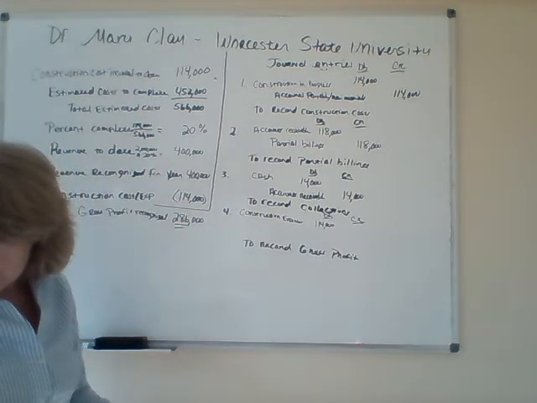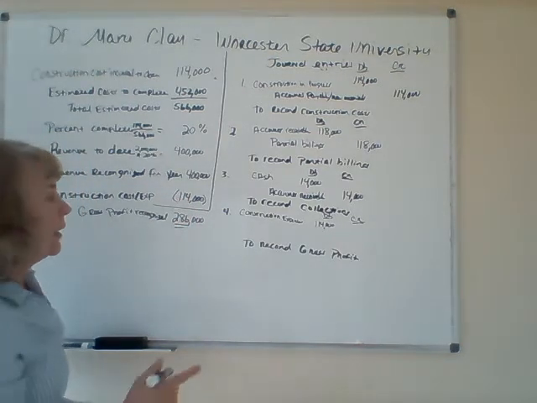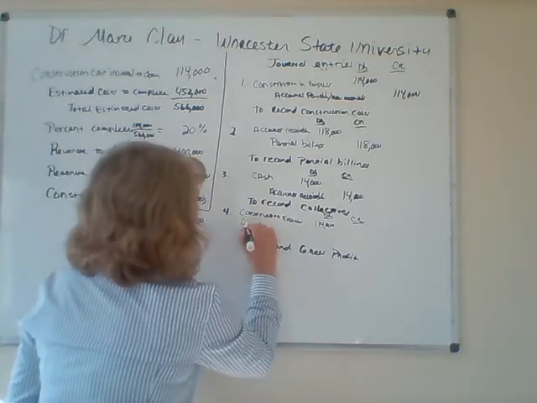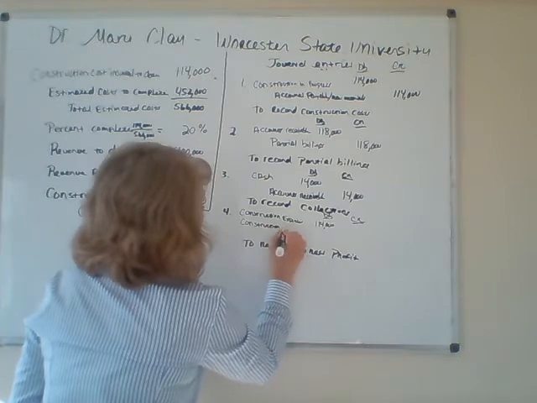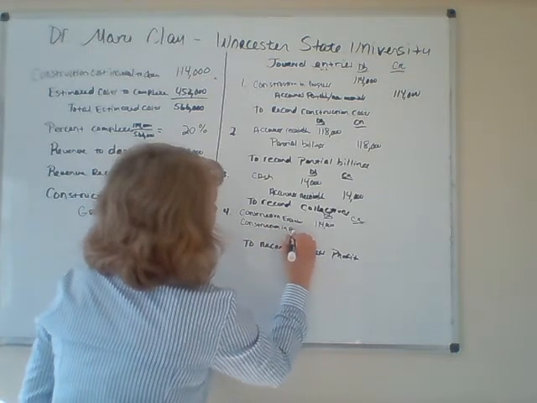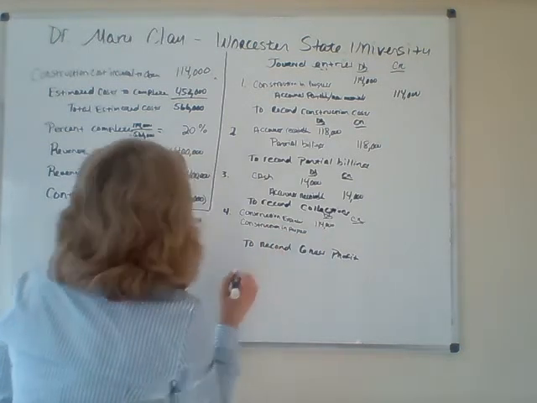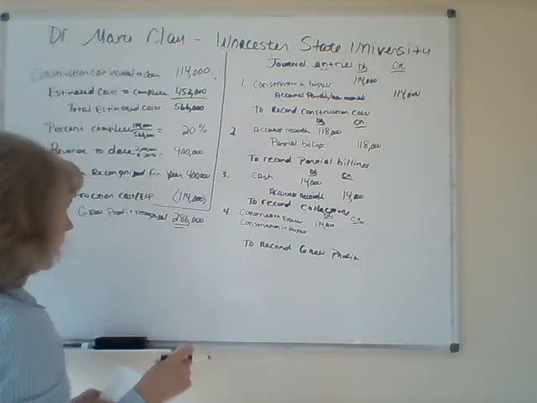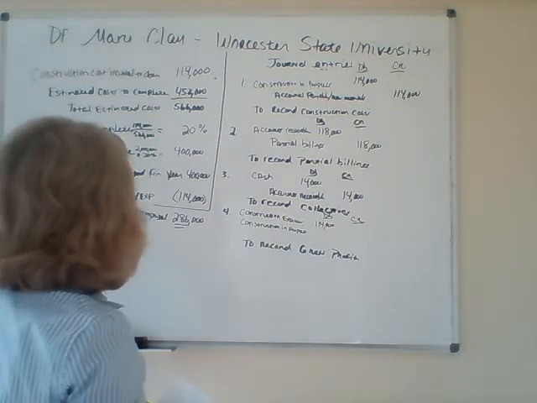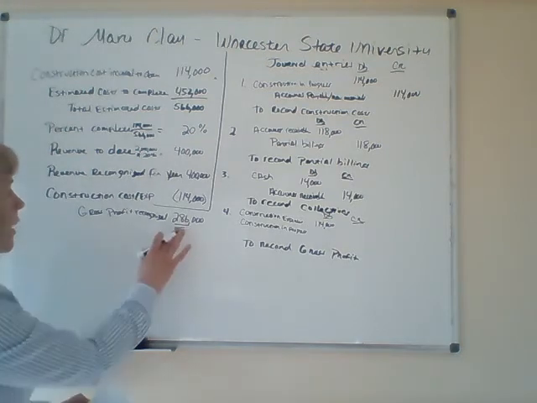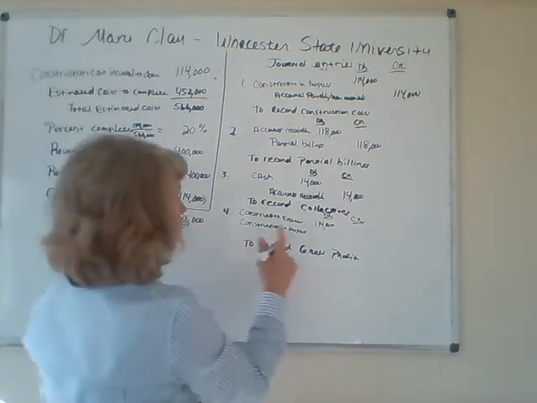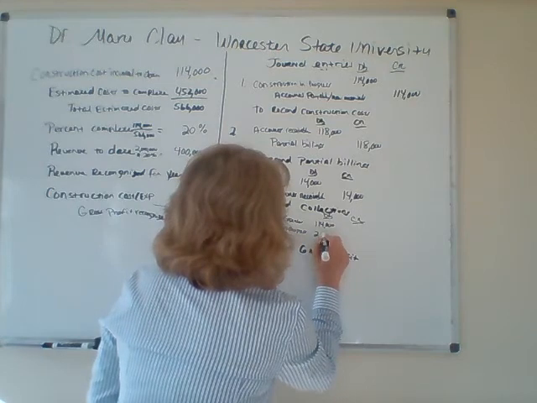Next, I'm going to debit my construction in progress. Look over here, debit construction in progress, that's going to be my gross profit, $286,000.